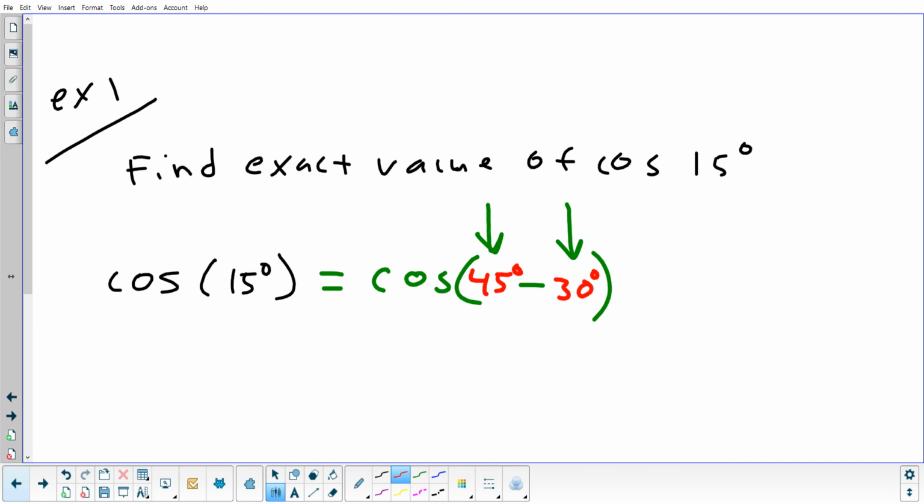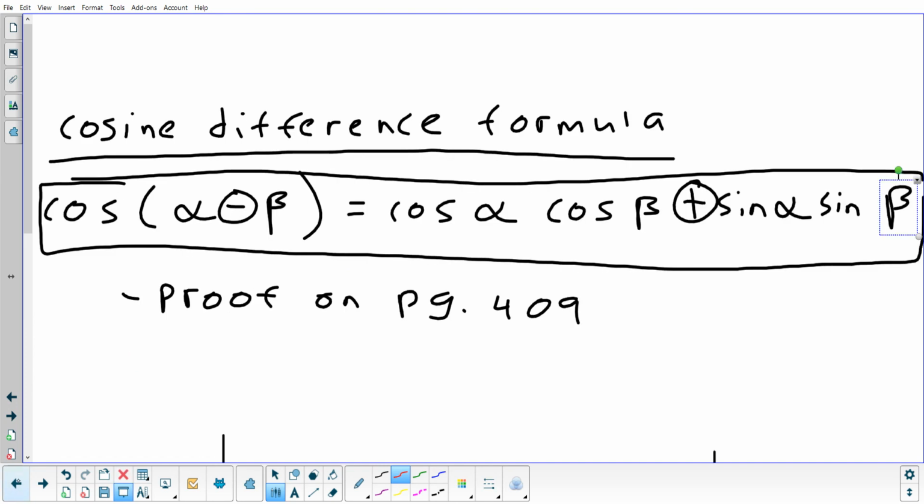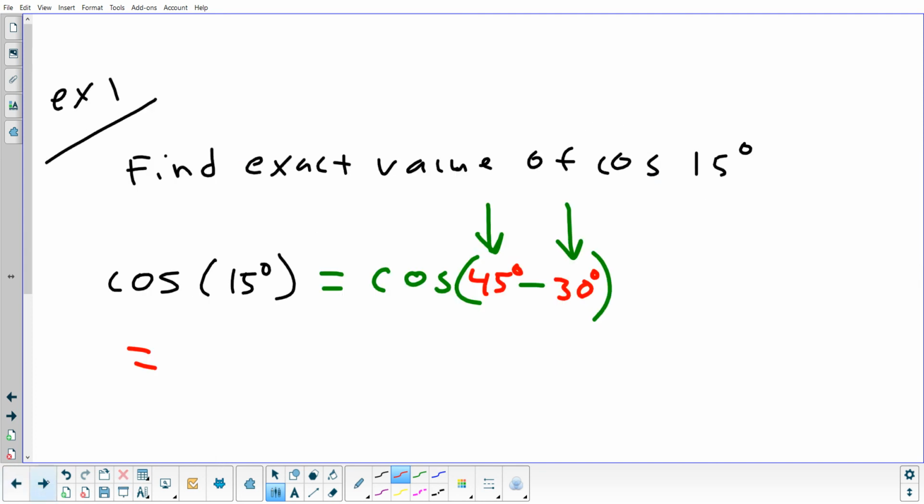Now, we're going to use the cosine difference identity to break this down. In our case, alpha is 45 and beta is 30. So fill in a 45 and a 30 everywhere you see alpha, beta. So let's look at the pattern: cosine, cosine, plus sine, sine. What I usually do is just write that down first.